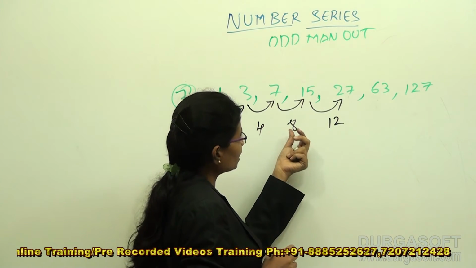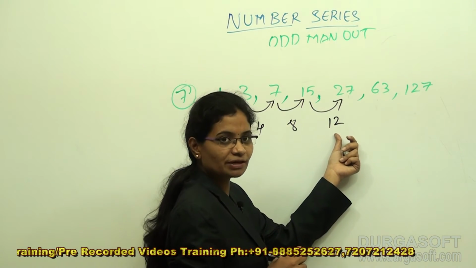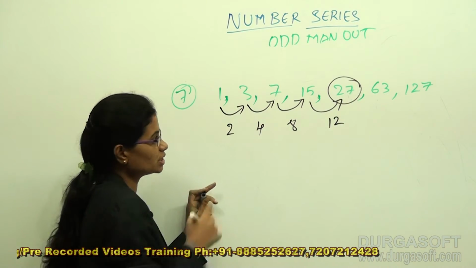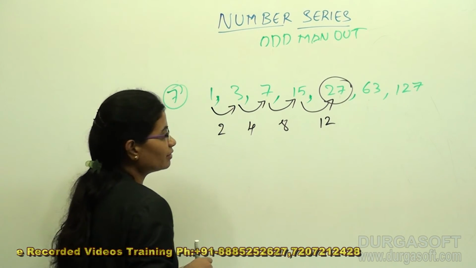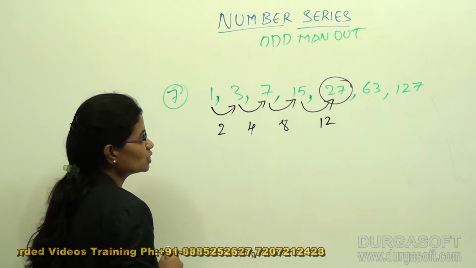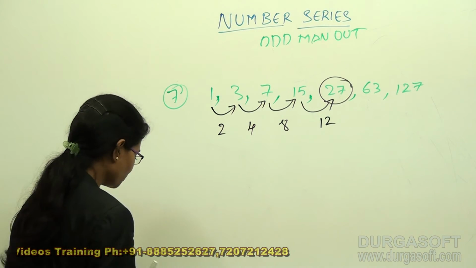But if you double 8, I have to get 16, but I got only 12 here. So my odd man out will be 27. Instead of 27, I should have a difference of 16 added, so I should have 31 as my answer, right?